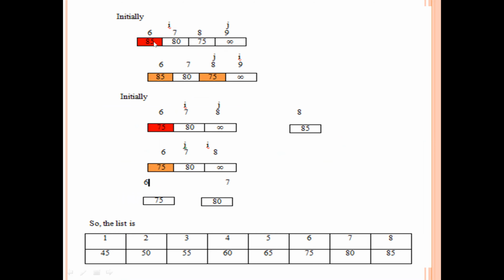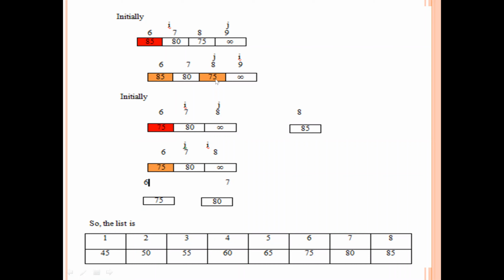Similarly, the right sublist is also taken: 85, 80 and 75. 85 becomes the pivot, and I and J move to these positions. The jth position becomes the pivot position. So 85 will come to index 8, and 75 will come to index 6.